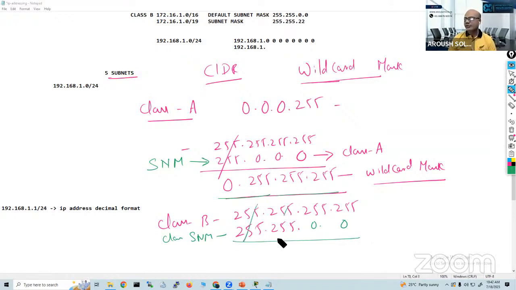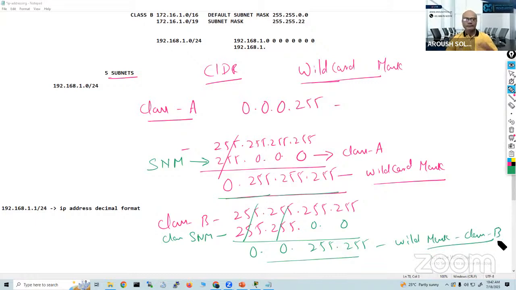If you subtract these, 0.0.255.255, and this is called wildcard mask for class B. Tabrez, understood? Yes, just subtraction, that's it.